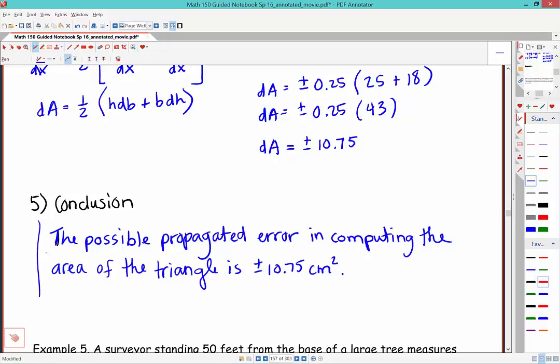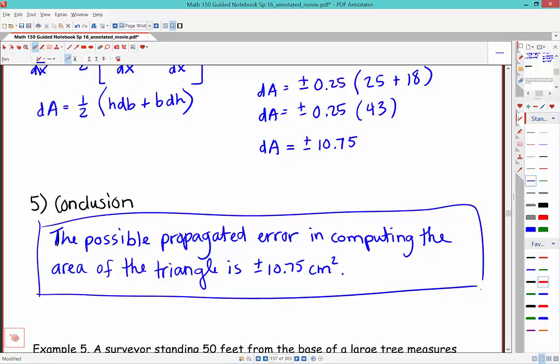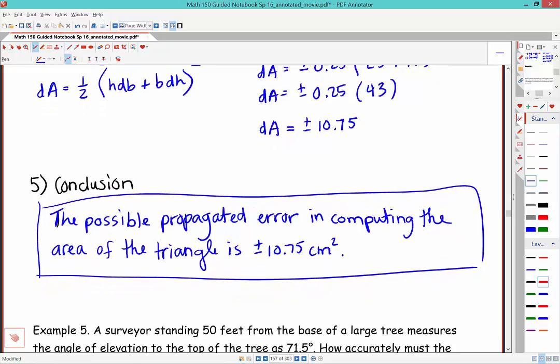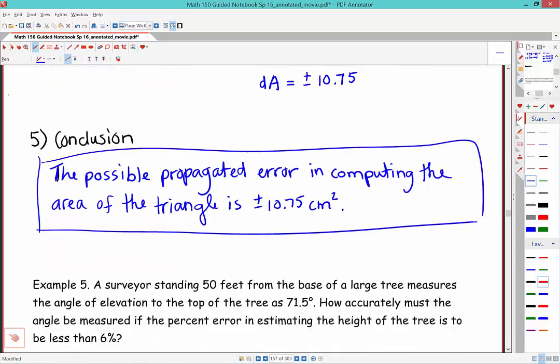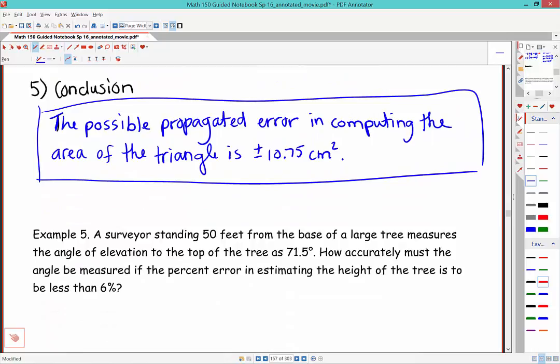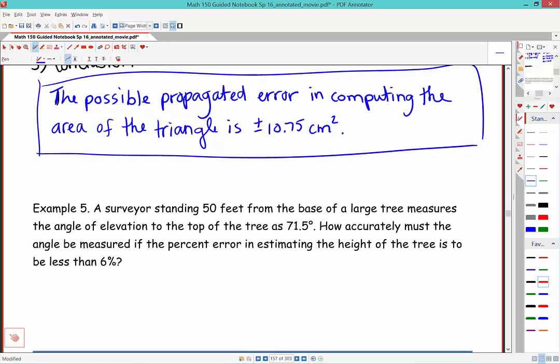And isn't that really crazy? I mean, it was only off by a quarter of a centimeter. And look what happens with the area, how far off the area can be. So propagated error is really important, especially if you're going to go into engineering or something like that, right?